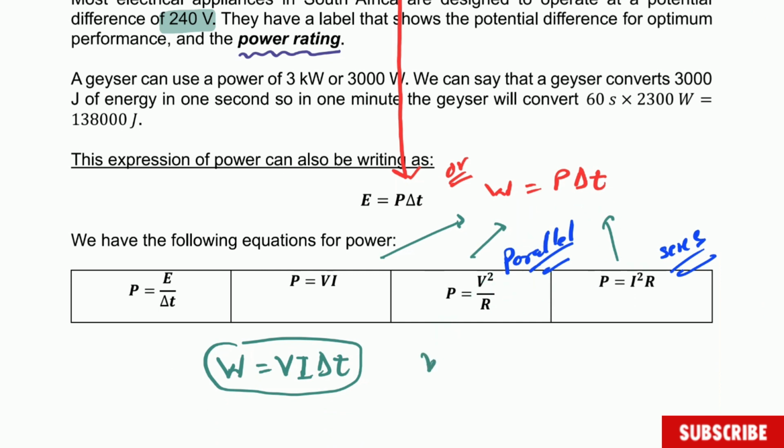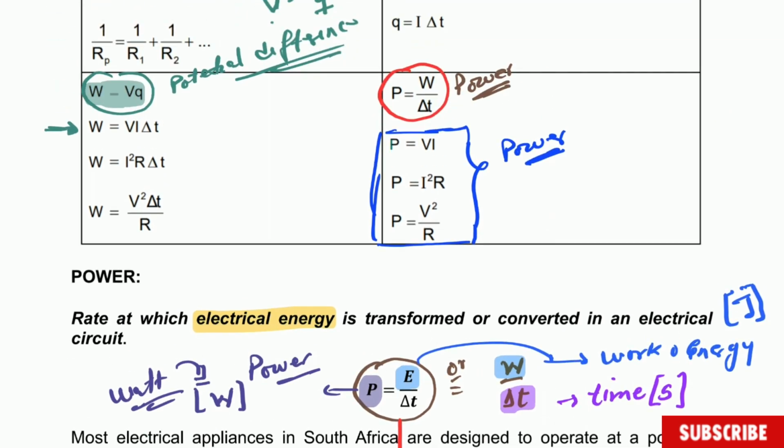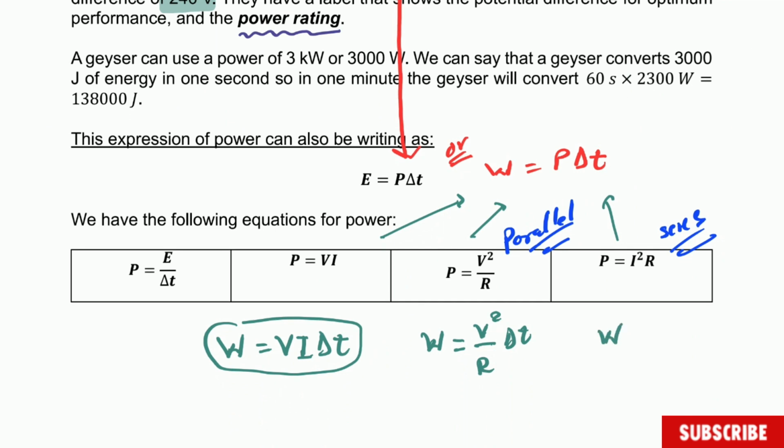If we go here, we say work or energy is equal to power, but power is going to be the square of the potential difference divided by the resistance, multiplied by time. And that formula, if we come back here, it is right there. And then the final one, if you substitute here for power into the formula of energy, you get that it is equal to I squared multiplied by R multiplied by the time.